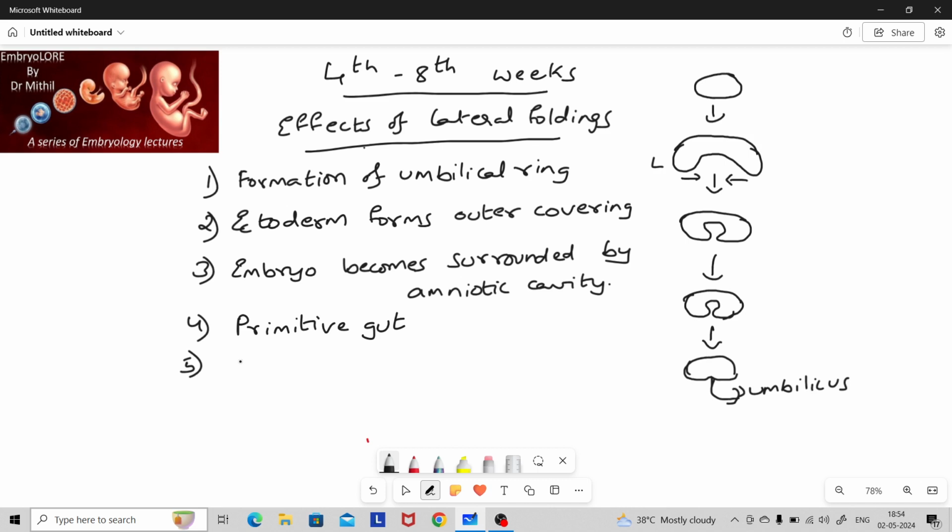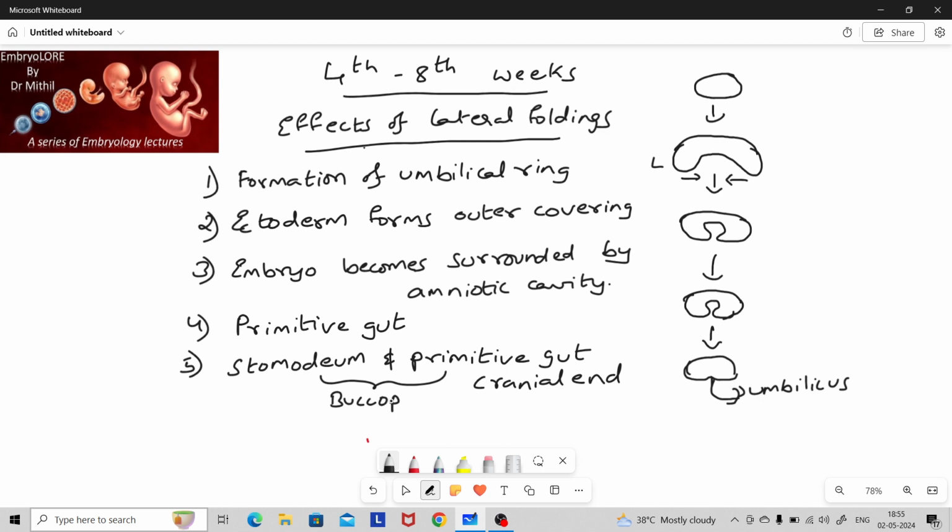So stomodium and primitive gut, cranial end, are both separated by the buccopharyngeal membrane.